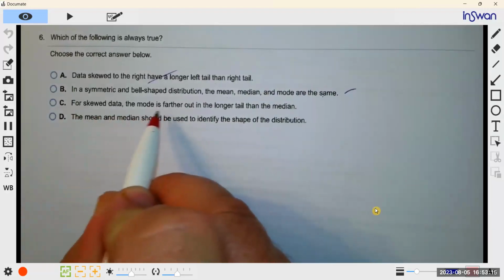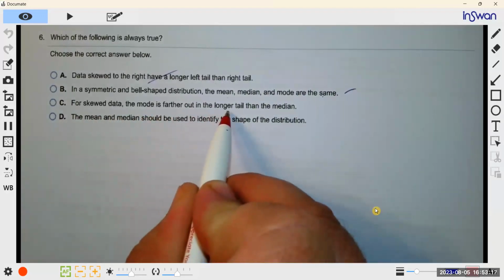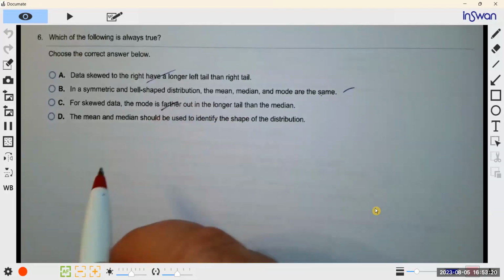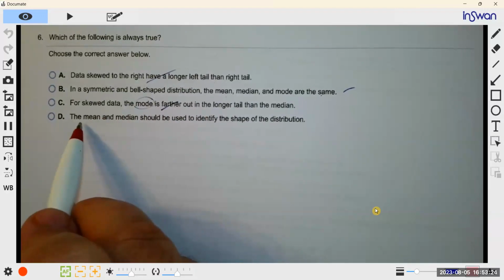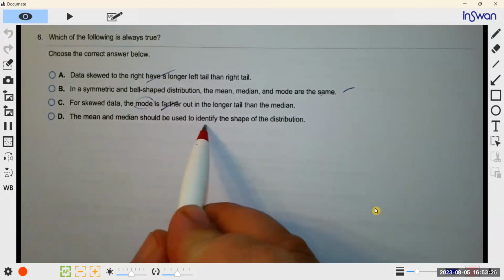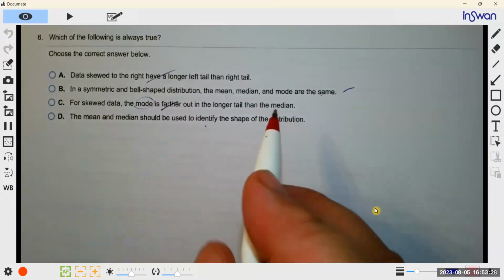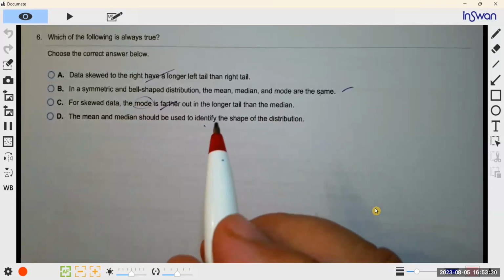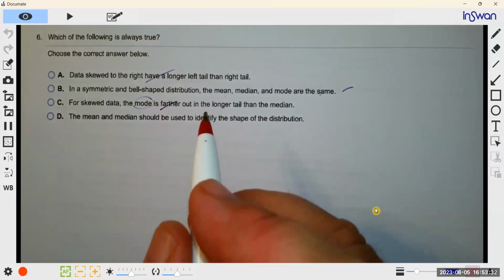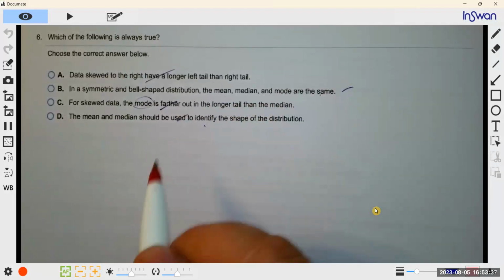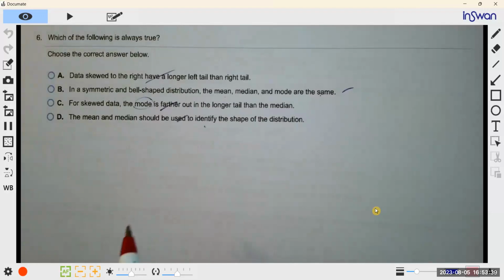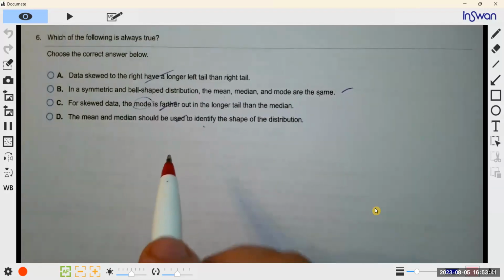For skewed data, the mode is further out than, no. That's a mode, that doesn't mean anything. The mean and median should be used to identify the shape of the distribution. Not to identify, no, because all three of the values are the same. So that's not always true. Because what if they're all one?